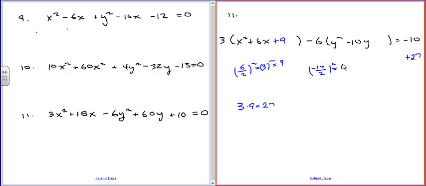Negative 10 divided by 2 is negative 5. Square that, you get 25. So we add 25 inside the parentheses, but really we're adding negative 6 times 25, which is going to be negative 150. So we subtract 150.